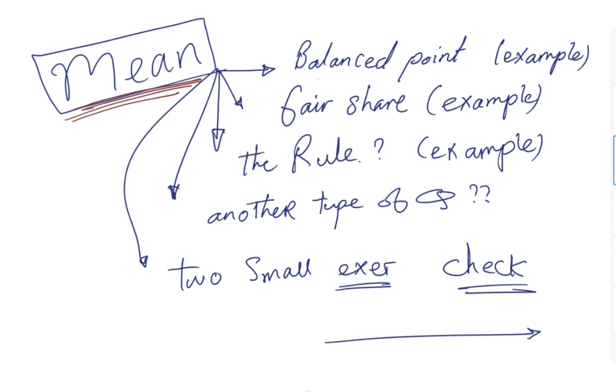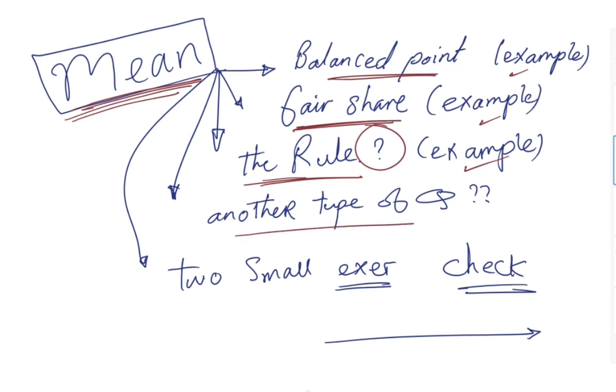We know how to find it using the balance point, and we had some examples. We know how to find it using fair share, and we had examples. We know the rule now, and we have examples for it, and we have the trick for finding a missing value using the rule. And we have some exercises to check our understanding. I wish you a good time and thank you.